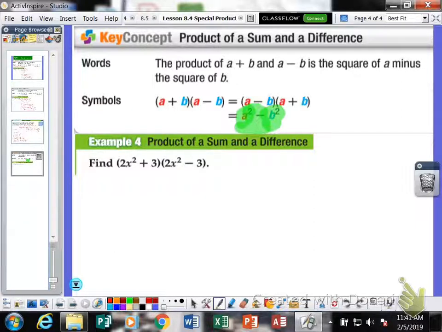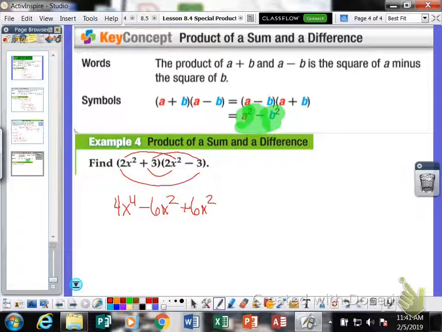So I'm just going to use my FOIL method. First, outer, inner, last. 2x squared times 2x squared is 4x to the fourth. Remember, you have to add your exponents. 2x squared times negative 3 is negative 6x squared. 3 times 2x squared is positive 6x squared.